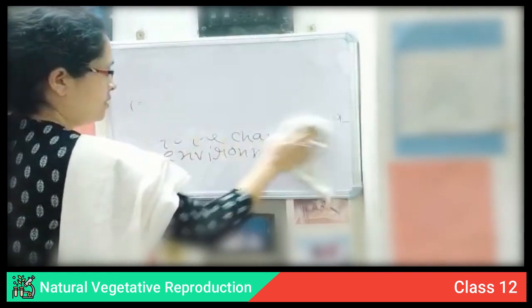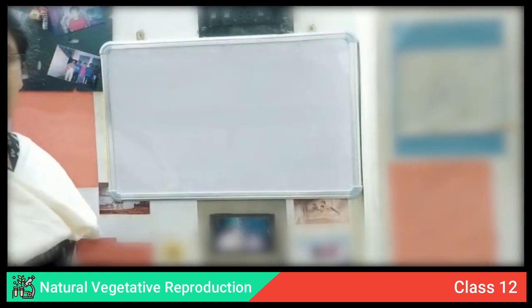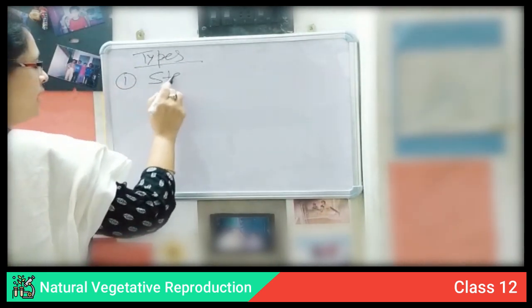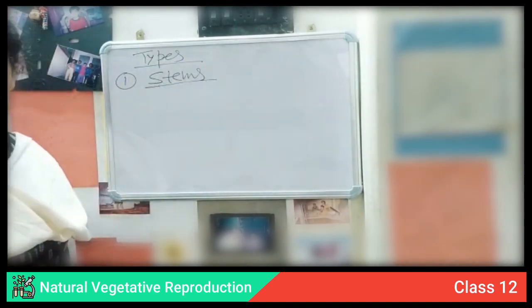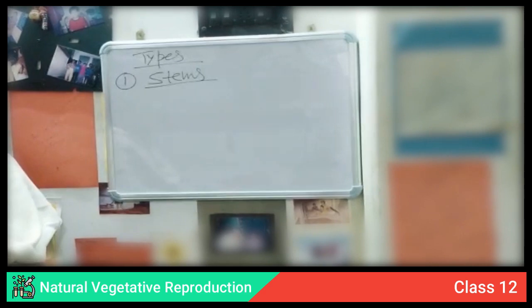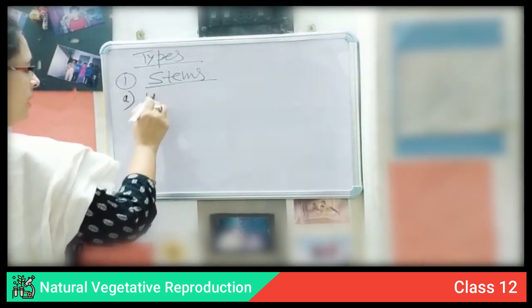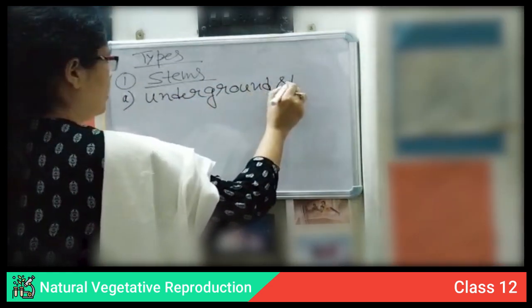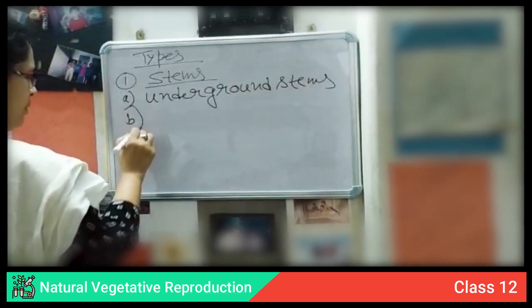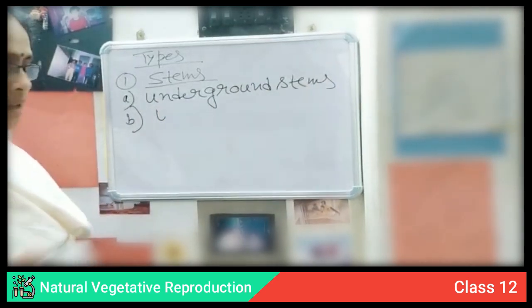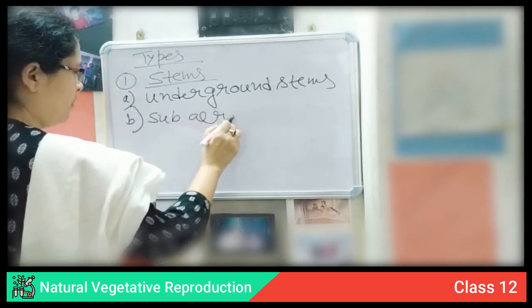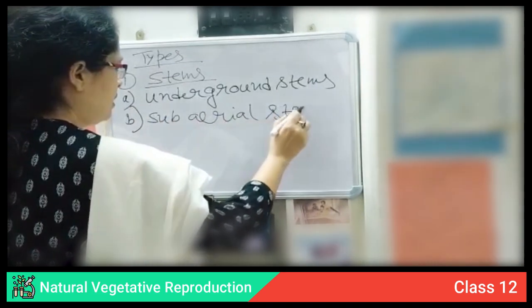Now, types of vegetative propagation. Number 1, by stems: A, underground stems, and B, subaerial stems.